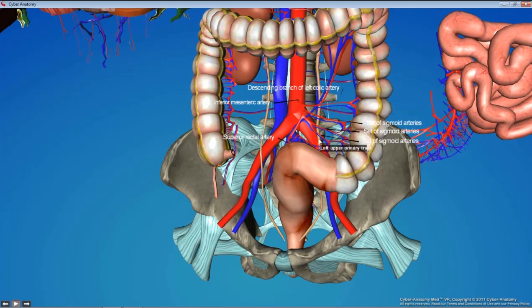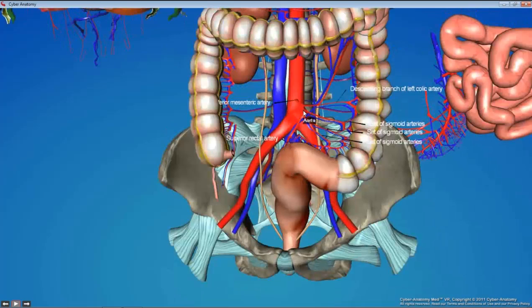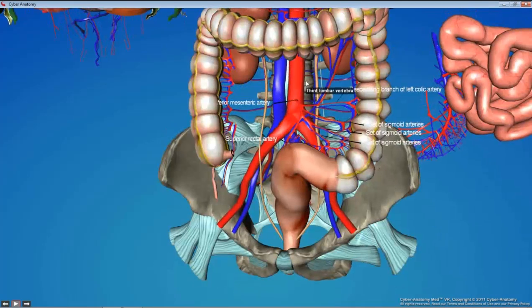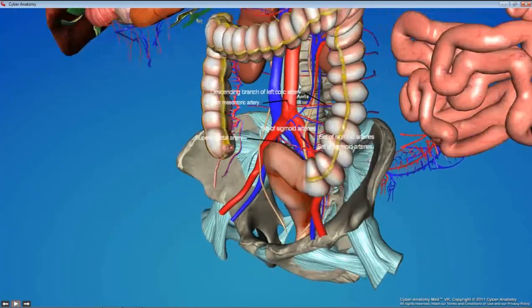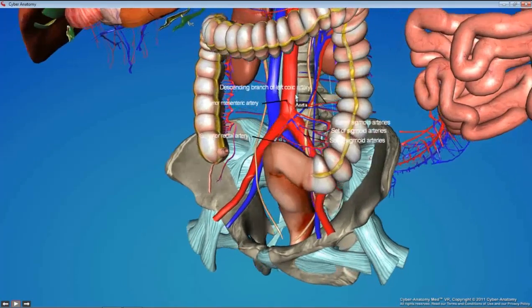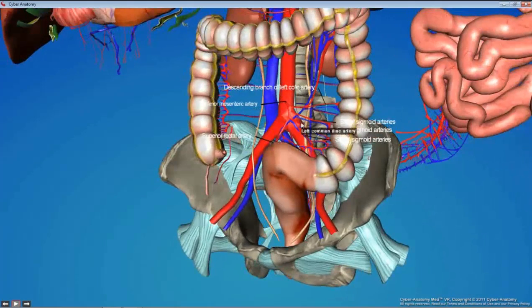There's usually several sigmoidal arteries that are going to the sigmoid colon, and the superior rectal is sort of the termination of the inferior mesenteric as it makes its way down into the pelvis. And again, you'll remember that the inferior mesenteric is usually coming off of the vertebral column around L3. And this example looks a little bit lower, but that's generally where we shoot for.